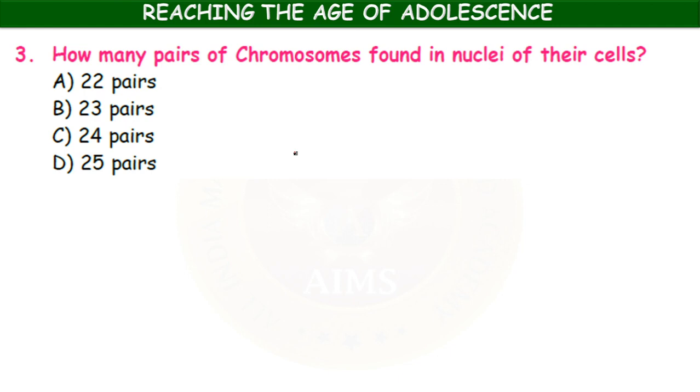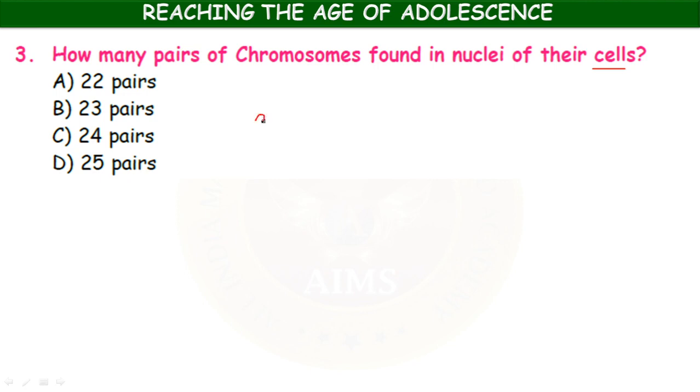How many pairs of chromosomes are found in the nuclei of the human cells? 22 pairs, 23 pairs, 24 pairs, 25 pairs.